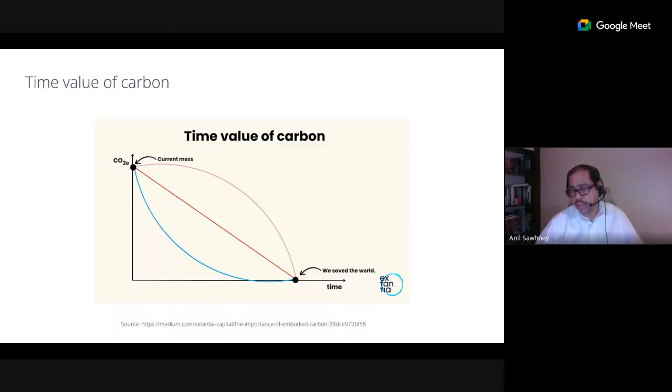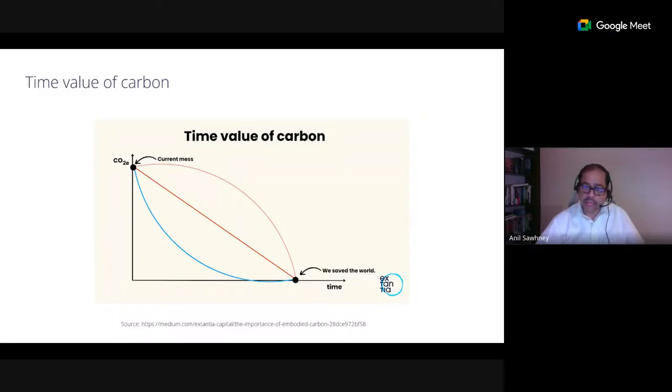Now, obviously, you can choose to not decarbonize and then slowly decarbonize and still meet your goal. You can do a steady state and keep removing at the same pace and reach this net zero.